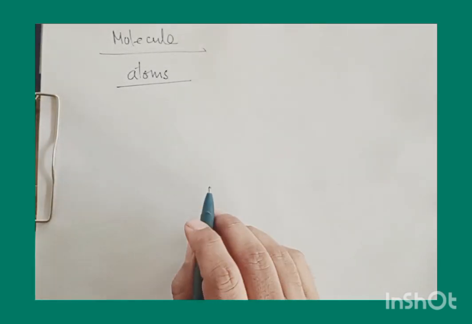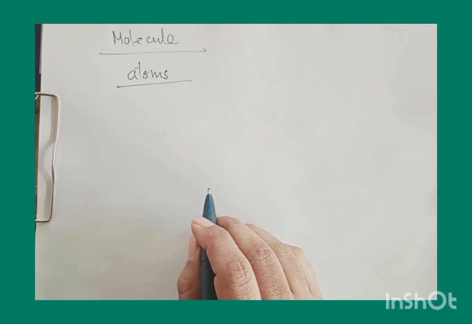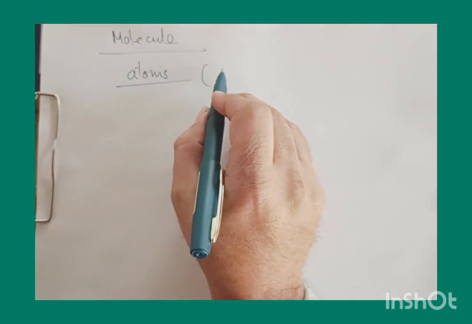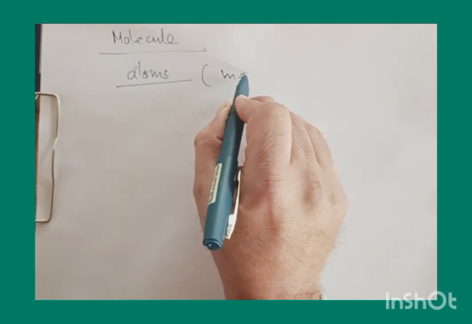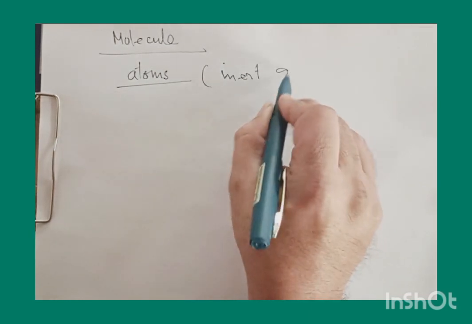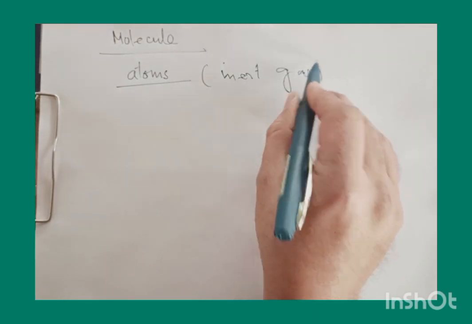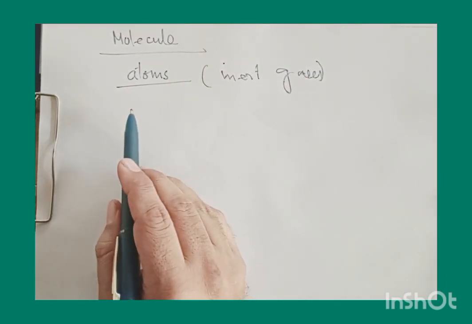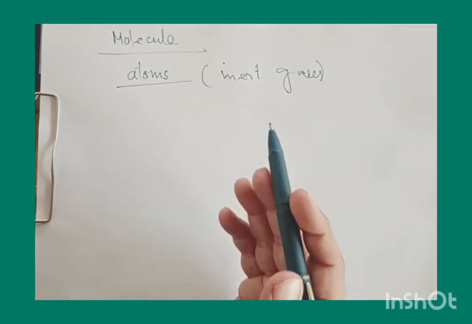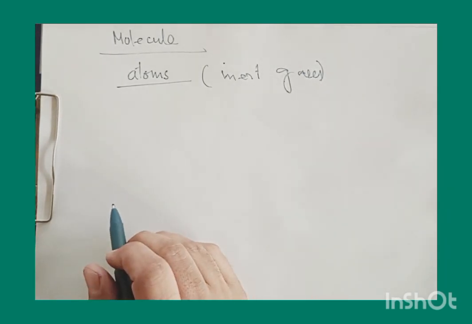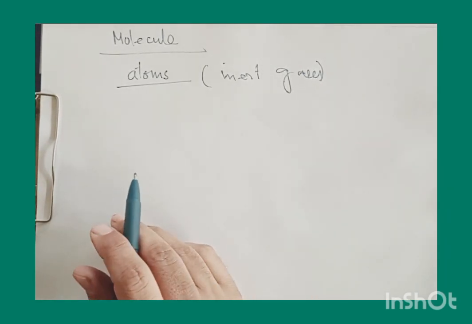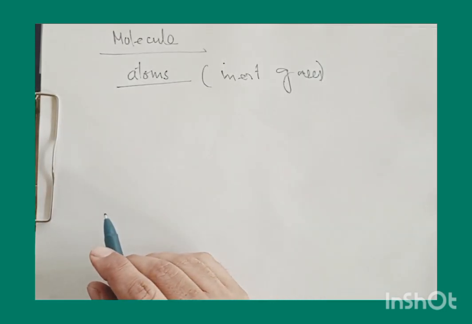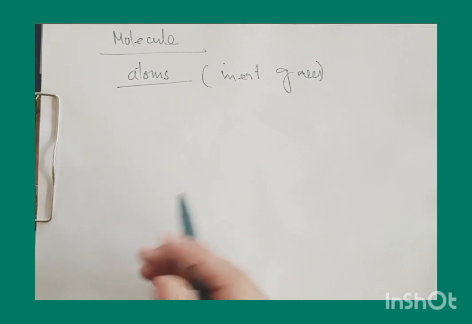We don't generally find atoms on the planet, except in the lower portion of the atmosphere in the form of inert gases. Otherwise, atoms join with other atoms and make molecules, and they may make complex molecules, and they can make compounds.